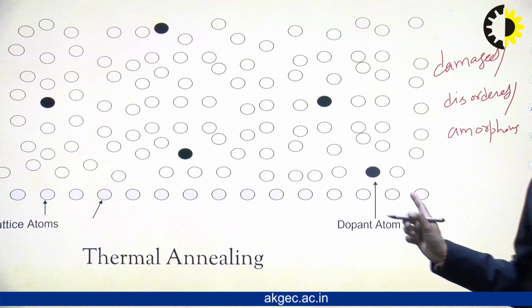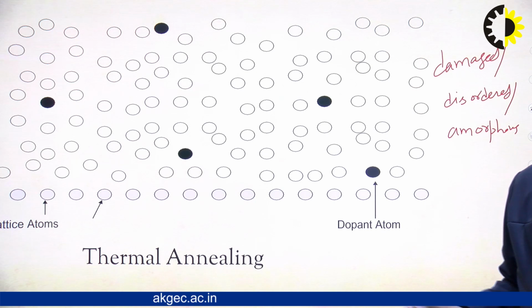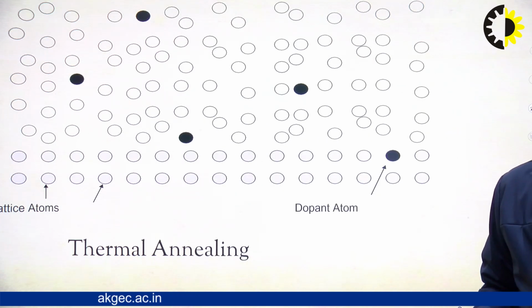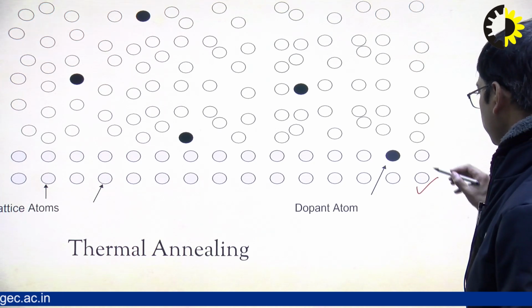So, this is the disordered structure or amorphous structure. Now, when we are starting our annealing process, what we see is that gradually the structure is getting into an ordered state.